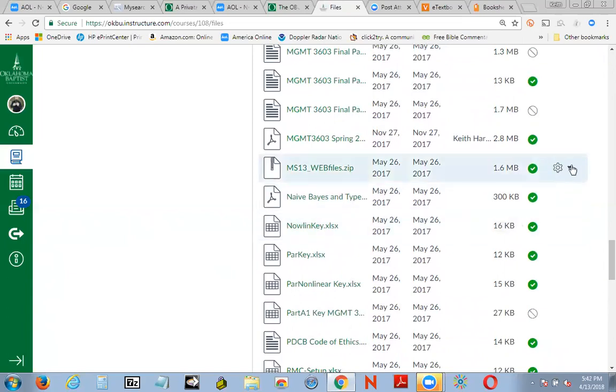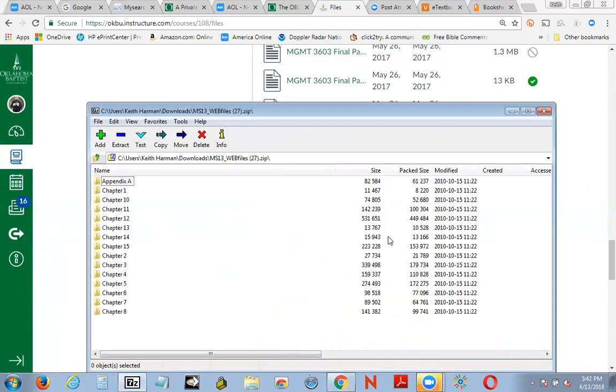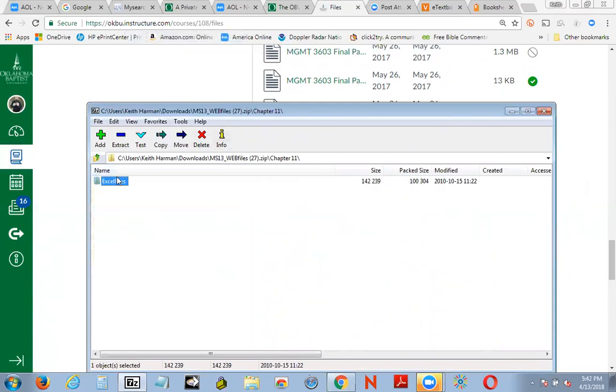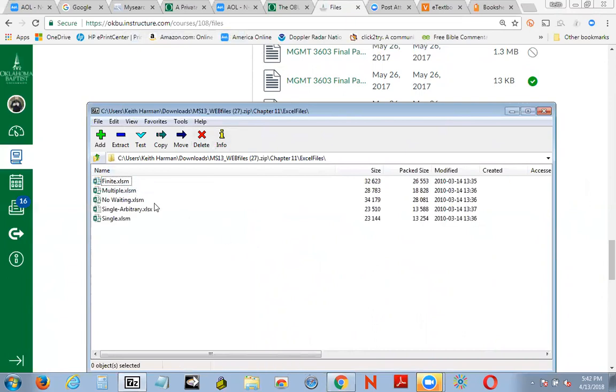Here they are, and we'll get Hammond's Port 2. And the main thing here is, and this is chapter 11. And we're going to open it up. And the Excel files, we'll open those up. And let's see, Hammond's Port 2.